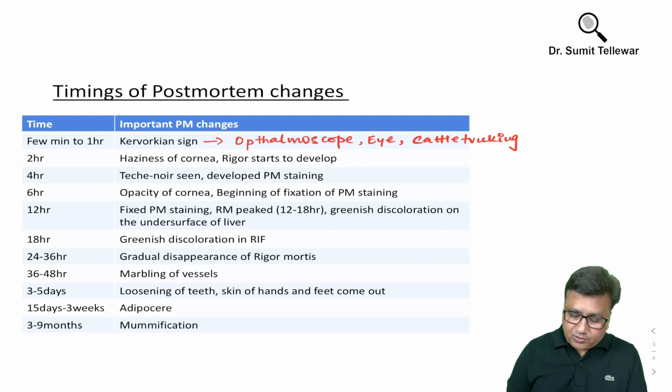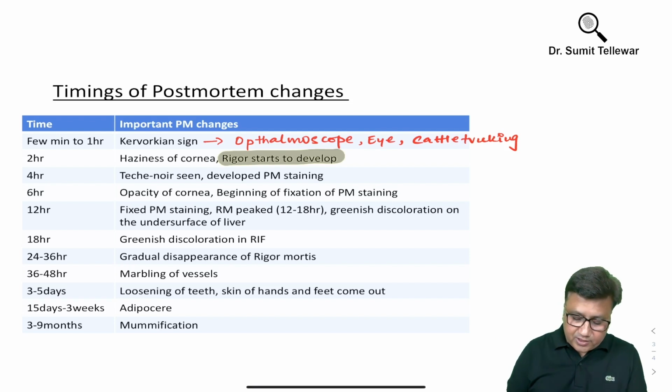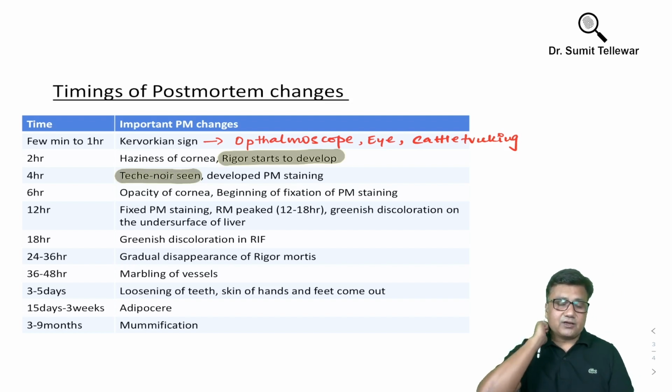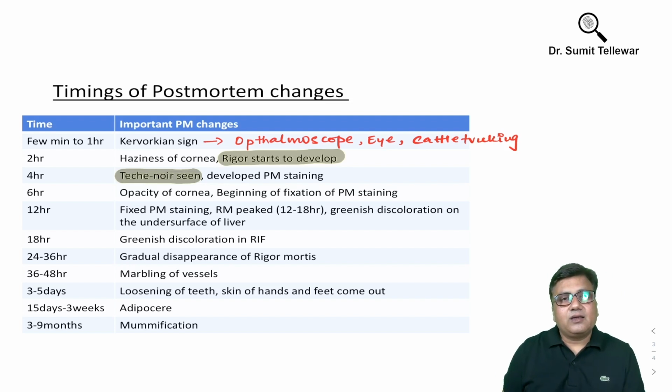Now this is an important phase. Rigor starts to develop in 2 hours, right? What happens in 4 hours? Tache noire are seen. Tache noire are very important. Tache noire sclerotique, which are due to dehydration of the eye, and they are triangular opacities which are seen in the sclera.